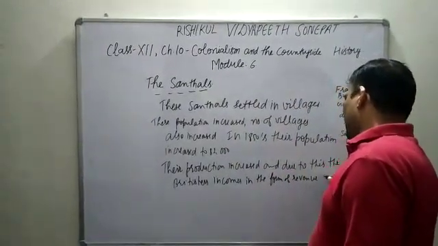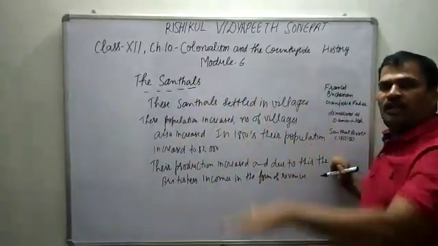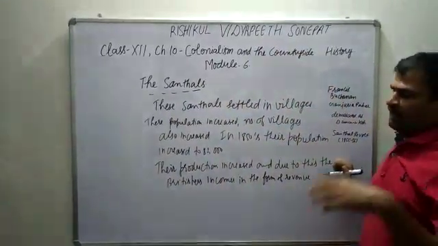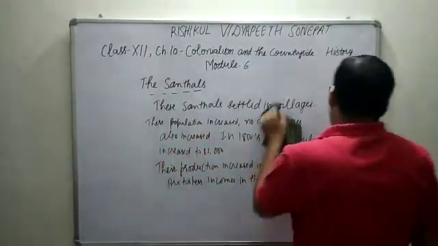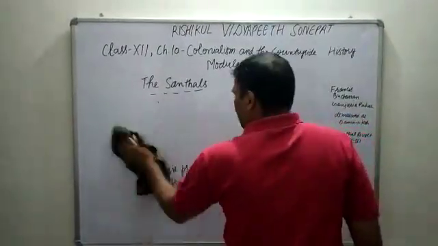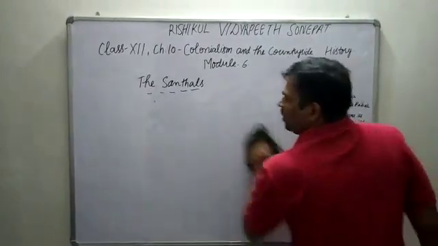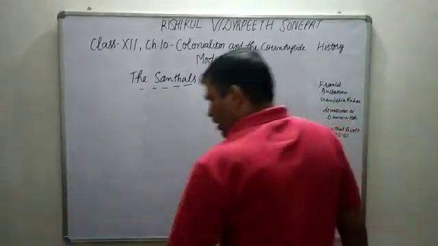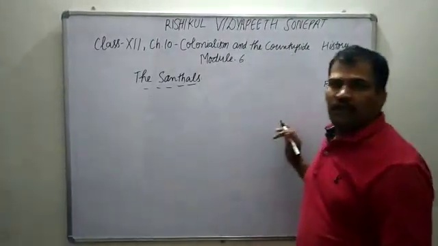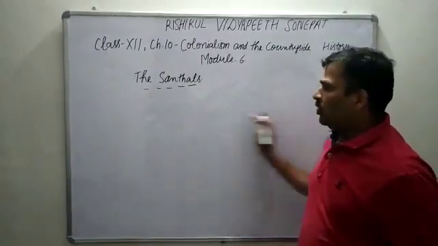The Pahadis moved deeper inside, and the Santhals lived in the villages as their population increased. When the Santhals became part of Bengal and these nearby areas, with their number as well as their way of work, they now had some hold.